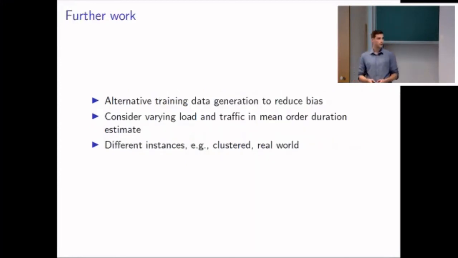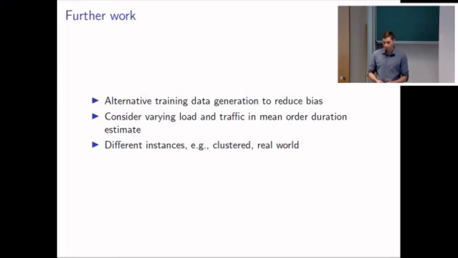We've listed here three topics for future work that we can imagine. One is to eliminate the bias in the training data and hopefully boost the performance of the linear regression and multi-layer perceptron. Another is that this estimate of the mean order duration is constant over the whole day, and that isn't really realistic, because due to traffic and load changes, it is of course not constant, and that would be interesting to consider as well.